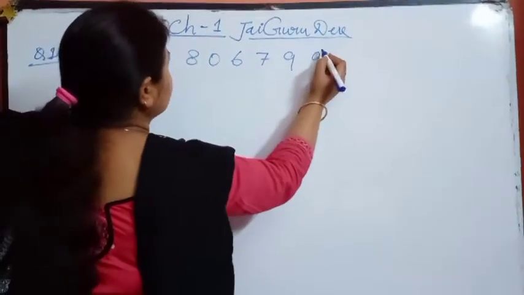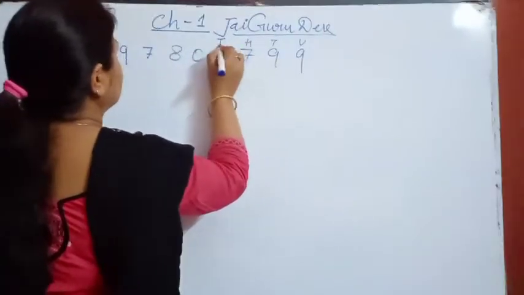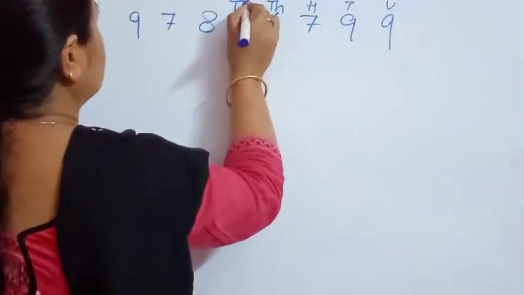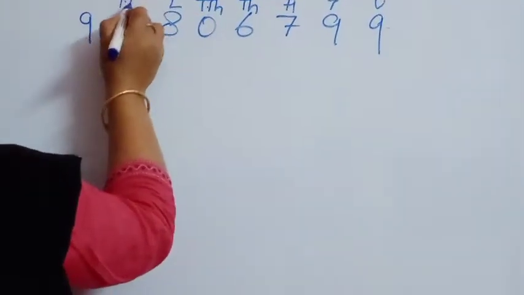Now write there: unit, tenth, 100, 1000, 10,000, then lakh, 10 lakh, or crore.